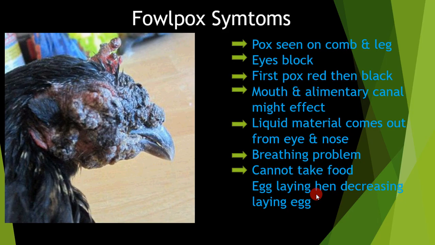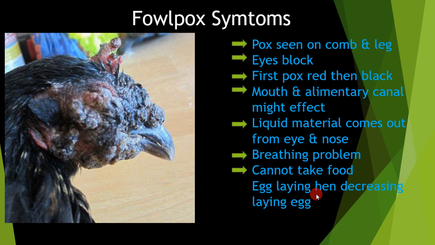And if you go through the symptoms, I told you pox is seen on the comb and leg as well, even on the head, and on the whole body as well. And when the pox is in a severe condition, at that time the eyes become blocked.